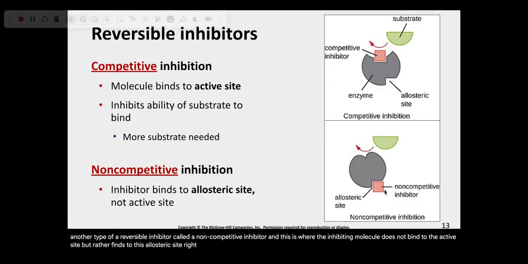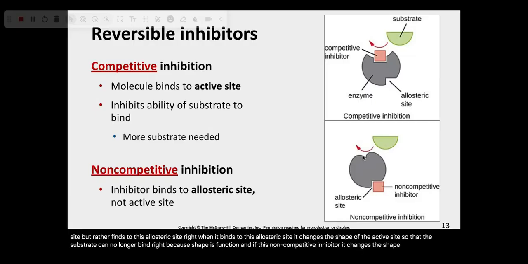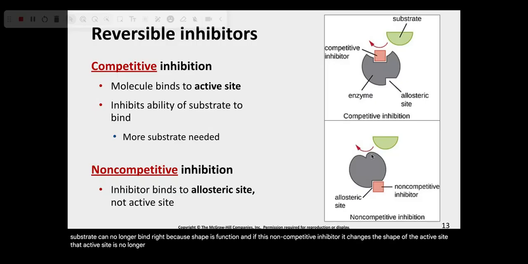When it binds to this allosteric site, it changes the shape of the active site so that the substrate can no longer bind, because shape is function. If this non-competitive inhibitor changes the shape of the active site, that active site is no longer suited for the substrate to come in and bind, and therefore the reaction cannot take place.